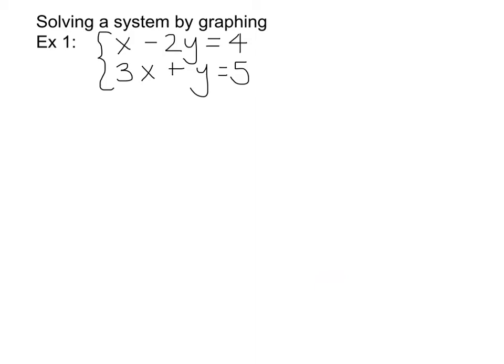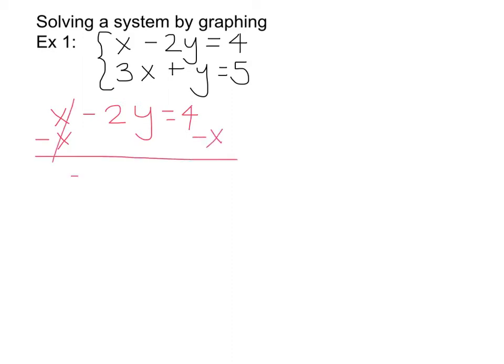Let's look at our first example, and we are going to be solving by graphing. So our system is x minus 2y equals 4 and 3x plus y equals 5. I need to take my two equations and put them in slope-intercept form so that we can graph them. To move positive x to the other side, I need to subtract it.